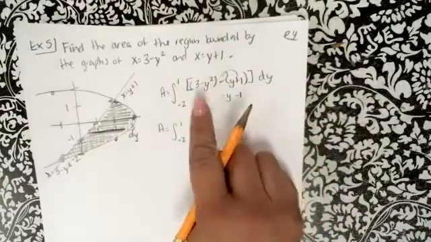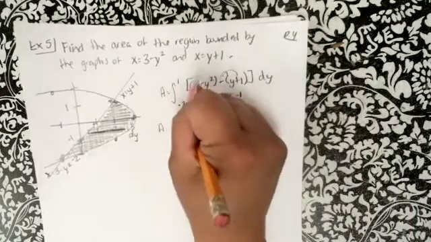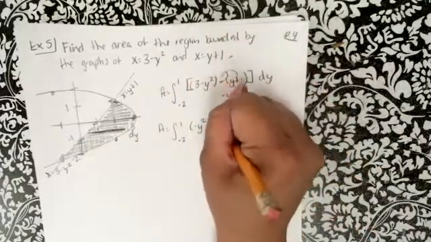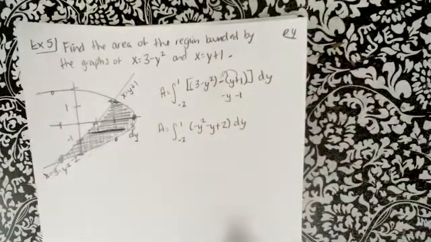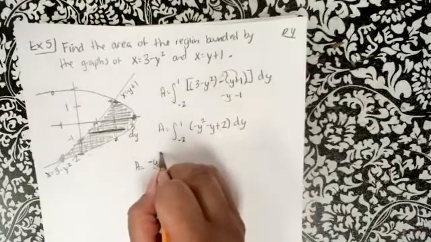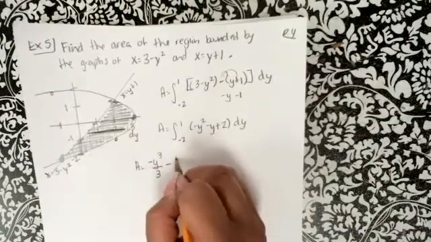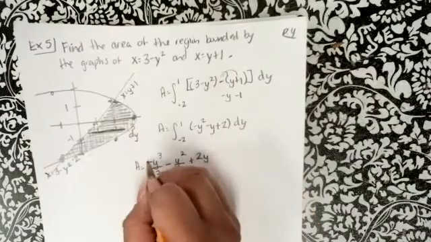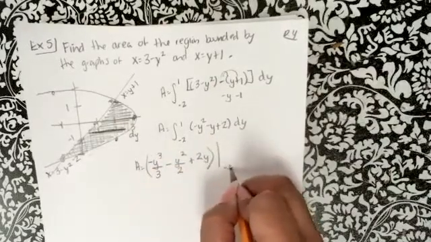I'm going to now combine like terms. Nothing goes with the negative y squared, minus y, and then 3 minus 1 is going to be a plus 2. I'm going to go ahead and take the antiderivative now. So I'm going to add 1 to the exponent, whatever the exponent is, divide by it. And then the antiderivative of 2 is just 2y.